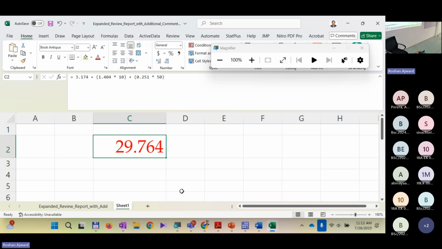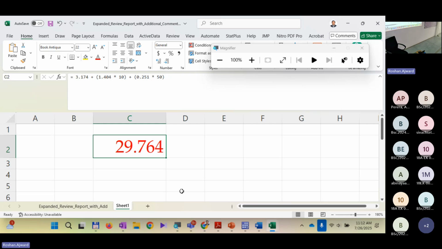So this should be expressed in thousands. That means $29,764. Write it like that, 29.764 kilodollars. $29,764. That's the answer. So the salary is given in thousands.